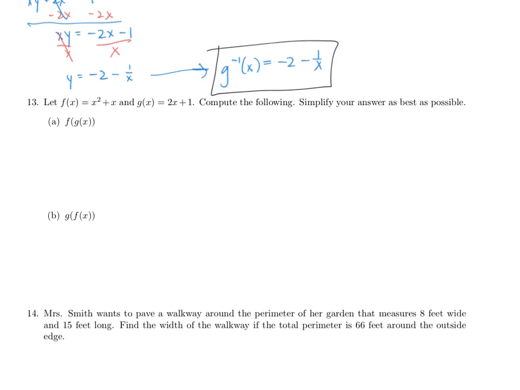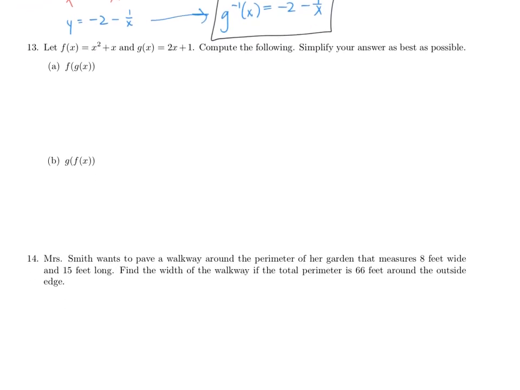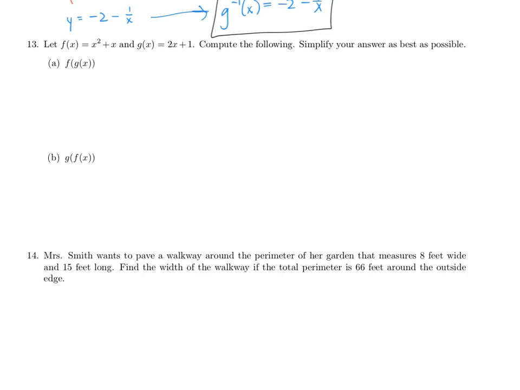Okay. Number 13. Let f of x equal x squared plus x and g of x equal 2x plus 1. Compute the following. Simplify your answer as best as possible. So f of g of x and g of f of x. All right, so this is the composition of functions. You're folding one into another.